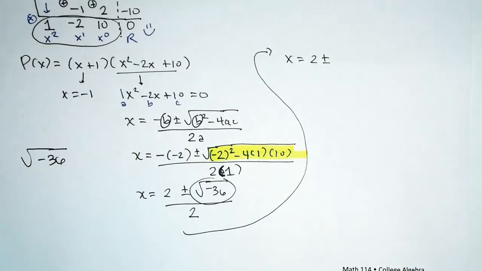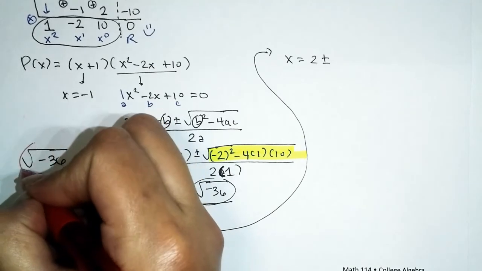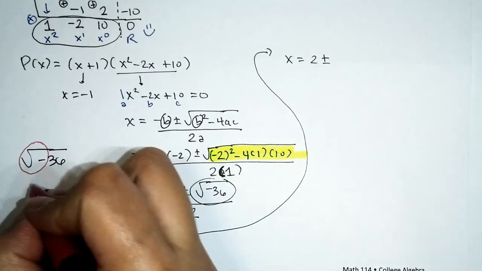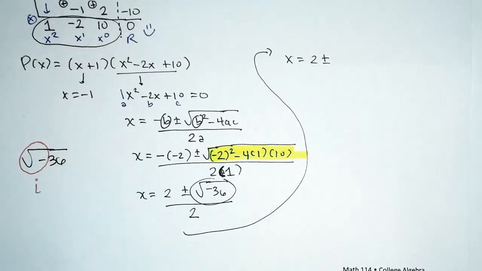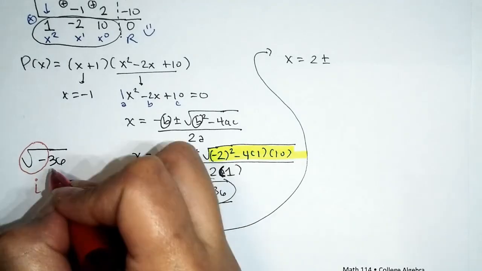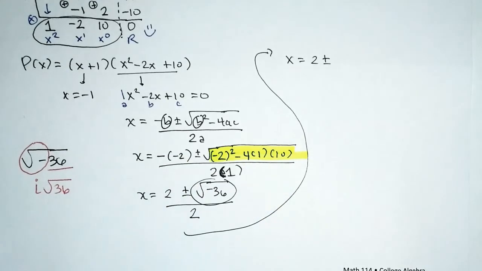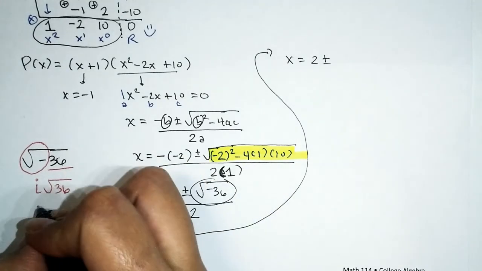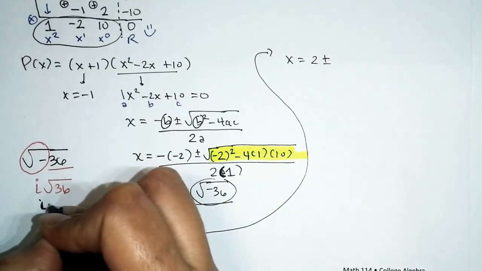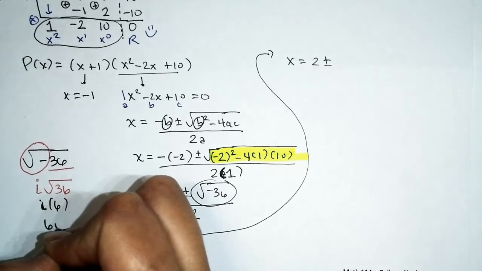The first thing we want to do is make the radicand positive, and to do that we're going to replace the square root of negative 1 with the imaginary unit i. That will leave us with i times the square root of the leftover radical. Last time I checked, the square root of 36 is 6. Cool. And that will leave us with 6i.